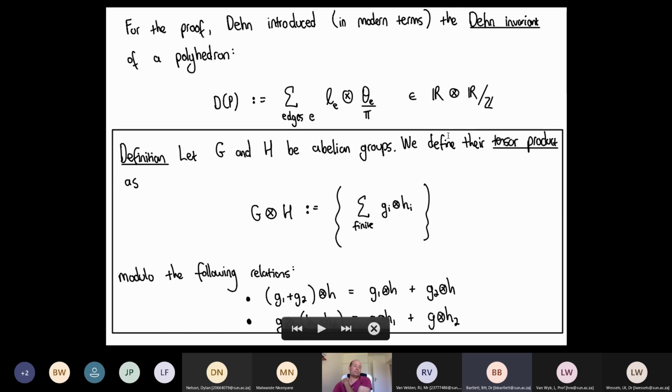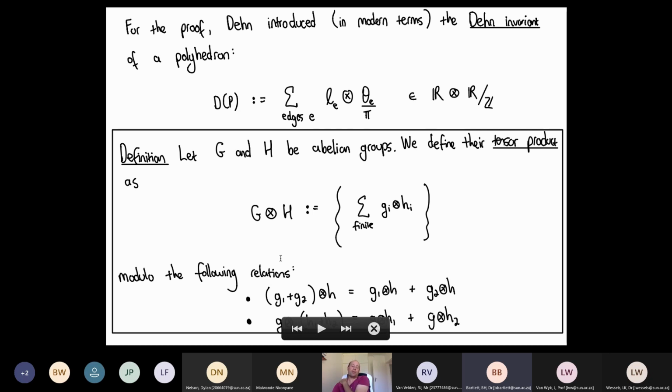It's the set of all finite sums, so formal finite sums of this form: an element in G and then a funny symbol which we call tensor product with an element in H. And you have a sum of such things. So it could be G1 tensor H1 plus G2 tensor H2 plus dot dot dot plus Gn tensor Hn. That could be an element of this set.